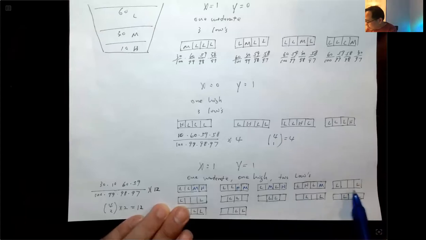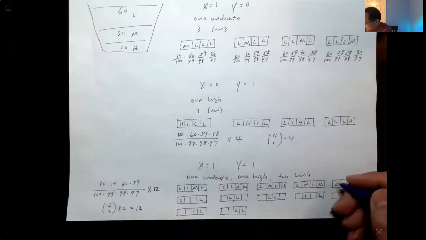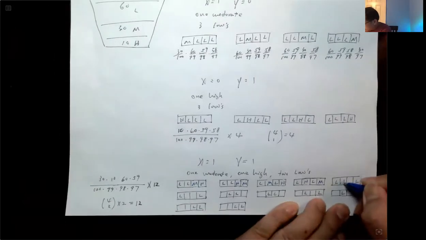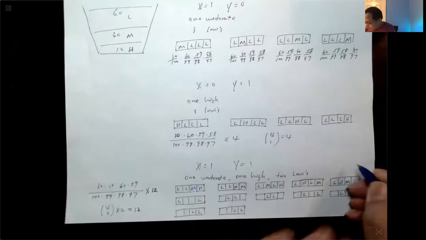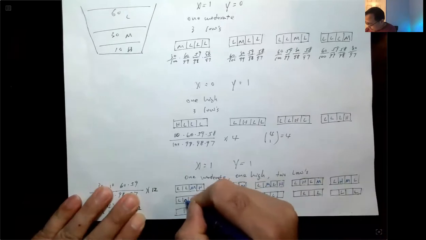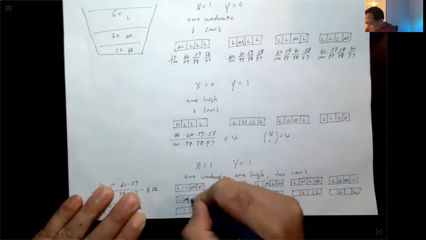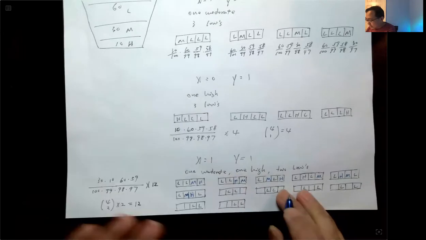And again, I move one L to the last place, and that will be HM and MH, and so on.